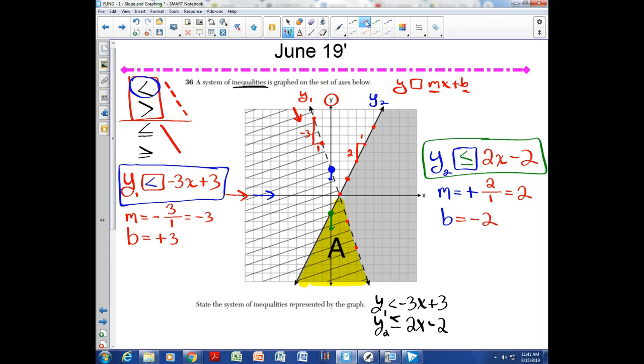So if they would have asked to find any one of the many points that are in the solution, I like to find one that's really clearly in the middle of the solution somewhere, like say that point right there. And that point would be 1, negative 4. But they didn't ask that here, but it's often asked in other questions.